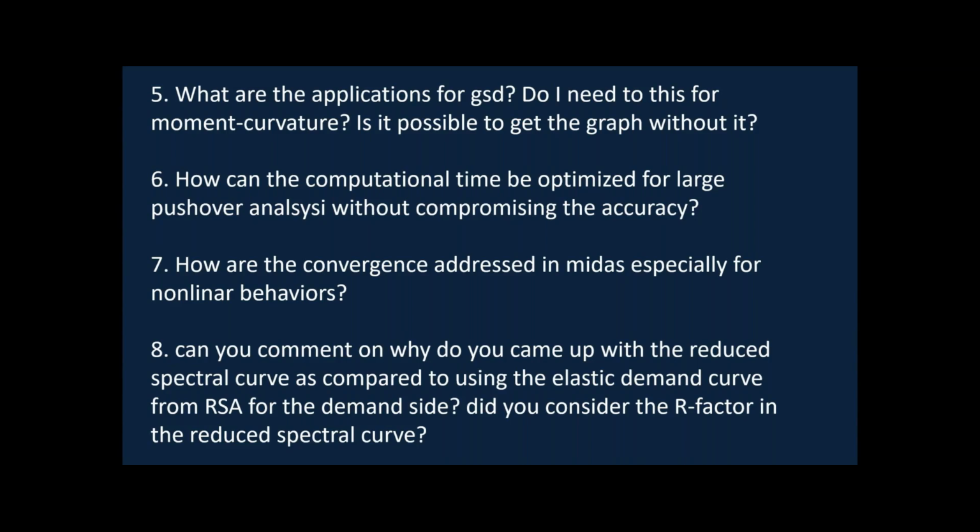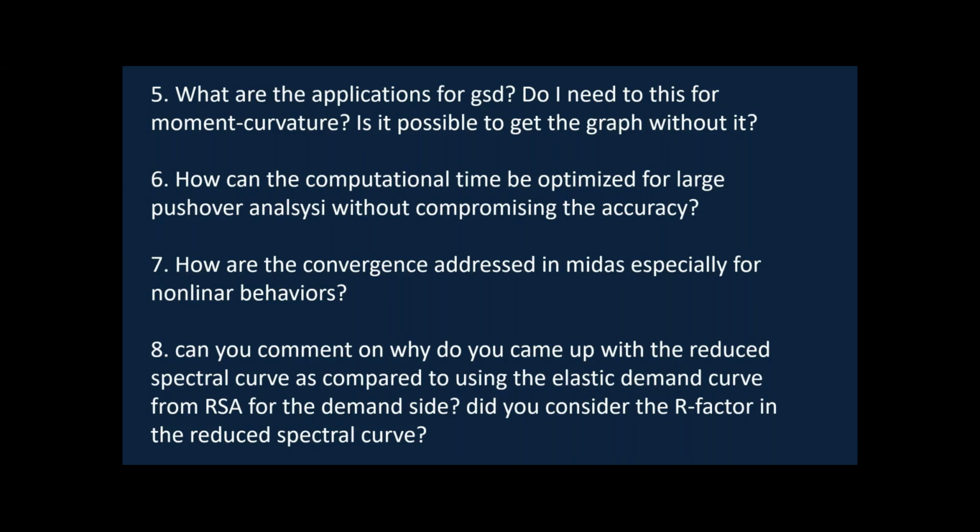The tolerance limits are set, and depending upon that, the convergence is addressed. An option is also provided in MIDAS to consider any one or all of the tolerance limits. Generally, deformation tolerance is considered in this type of analysis.